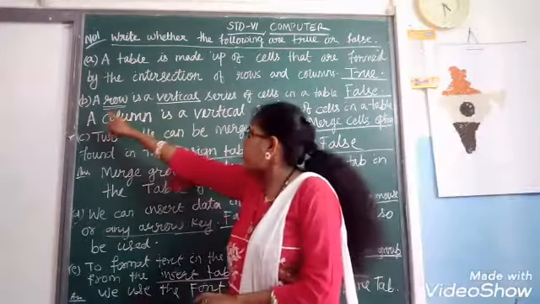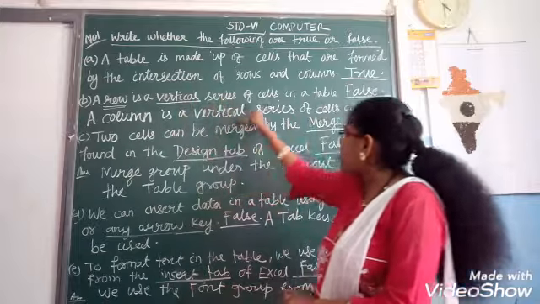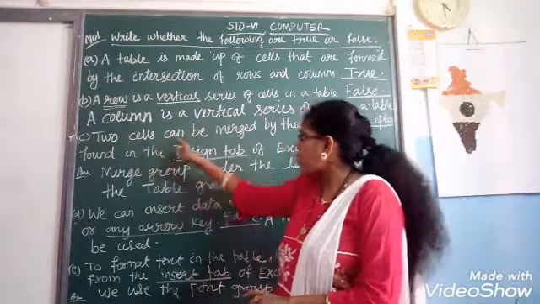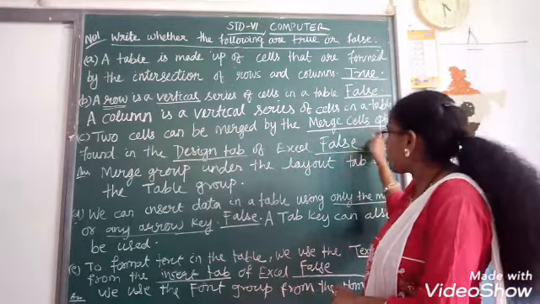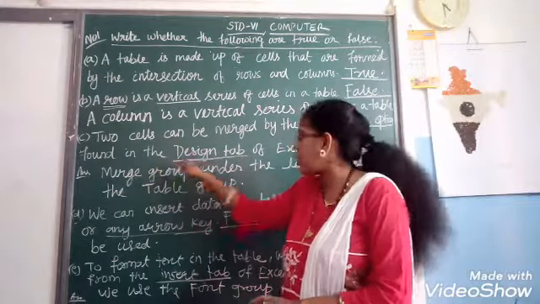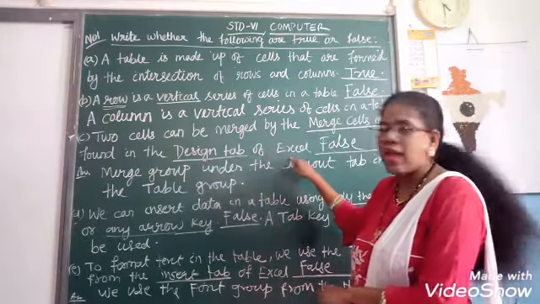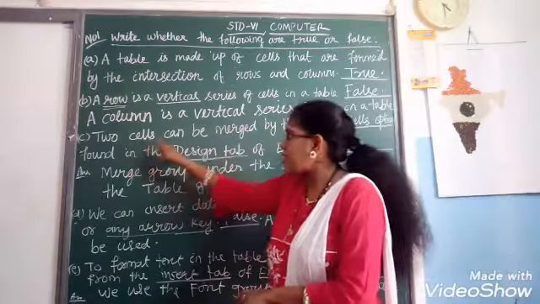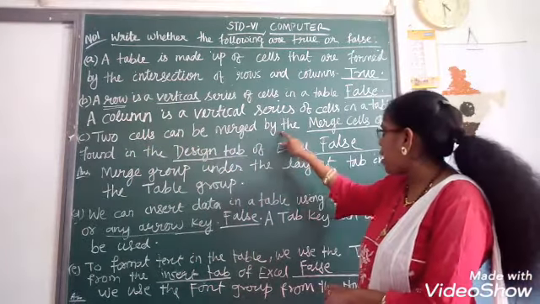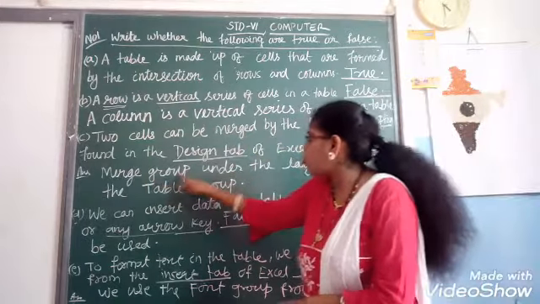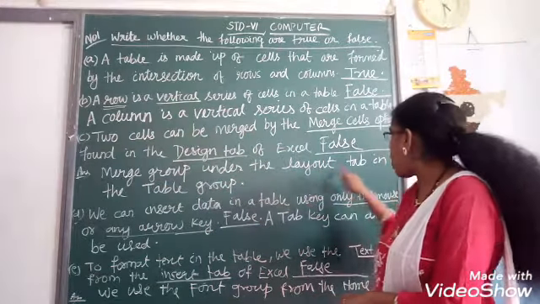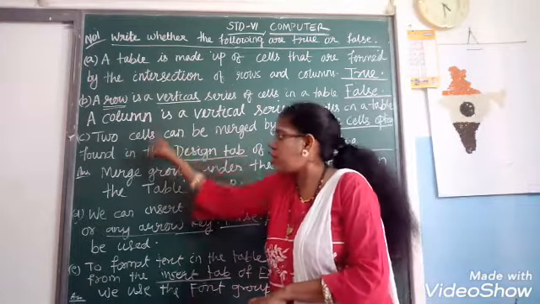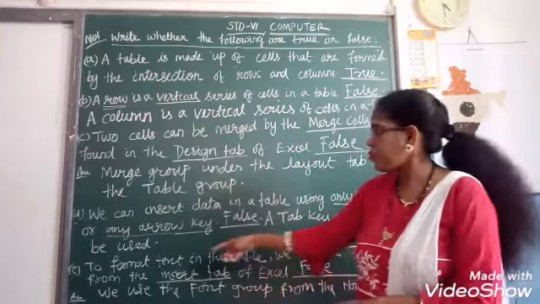The correct answer is: a column is a vertical series of cells in a table.